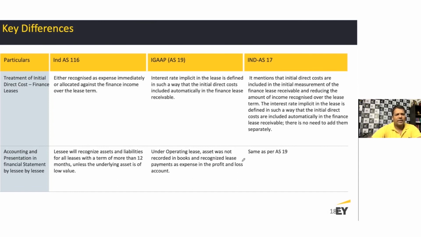So the lessee will recognize assets and liabilities for all leases with a term of more than 12 months, unless the underlying asset is of low value. Under operating leases, nothing was recorded. It was an off-balance sheet arrangement, so that's been done away with.